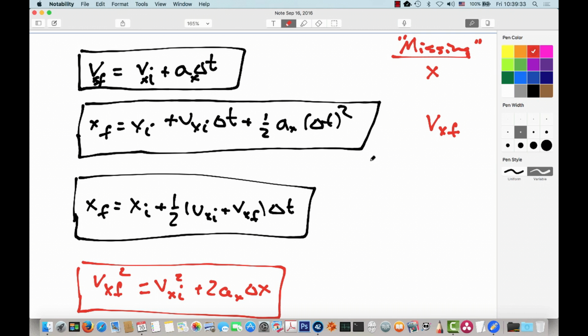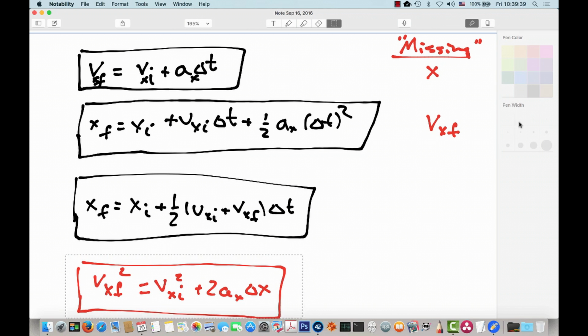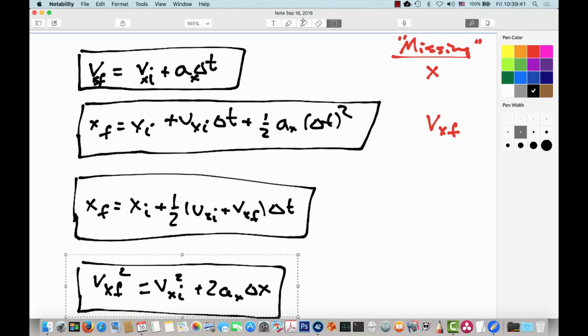Similarly, this one here doesn't have an a in it anymore. There's no acceleration in that relation. And this one here is missing the time.